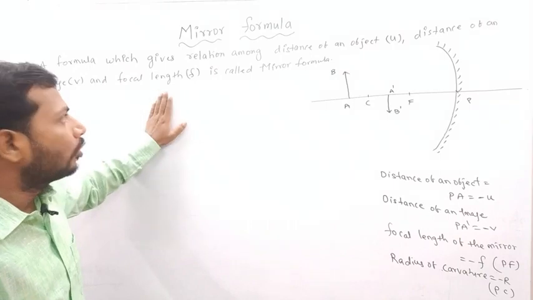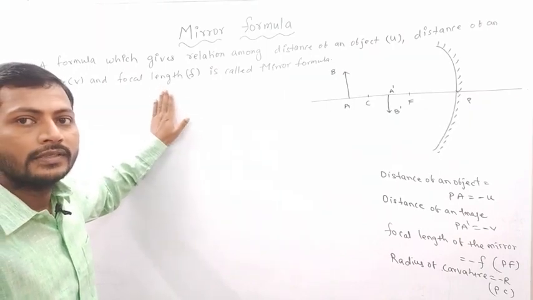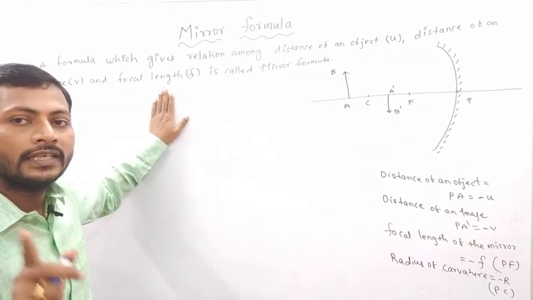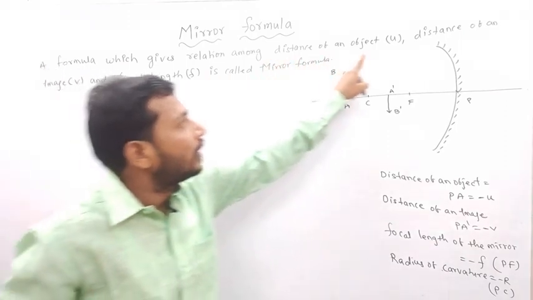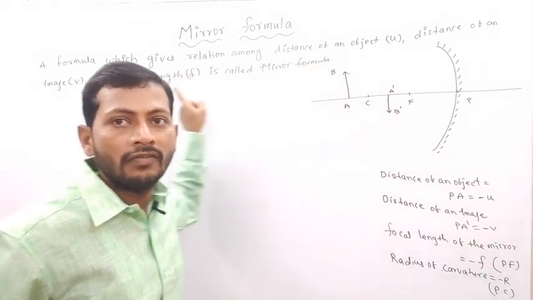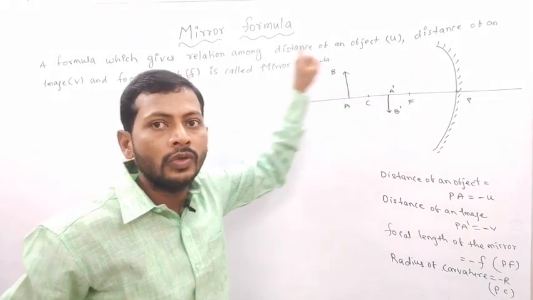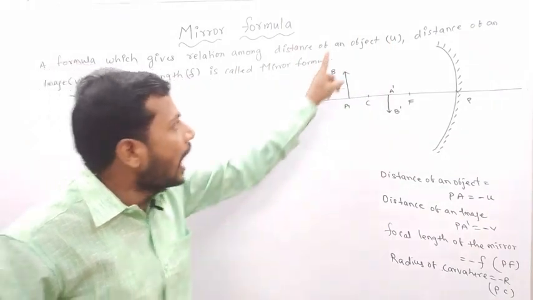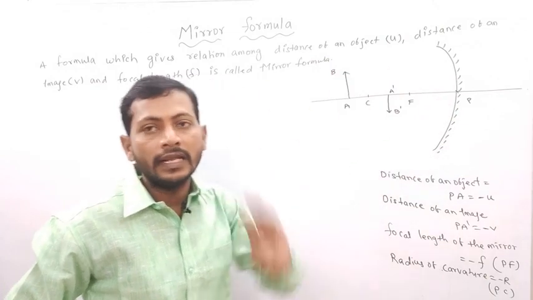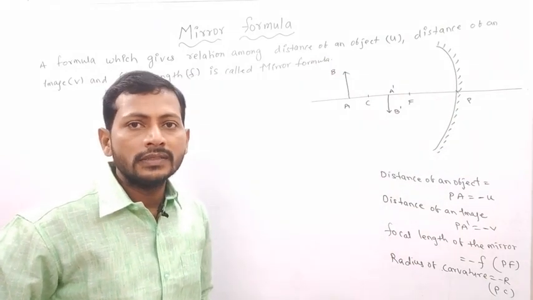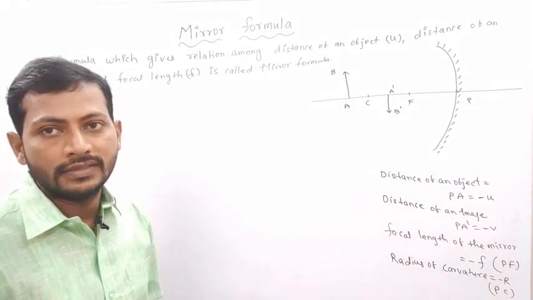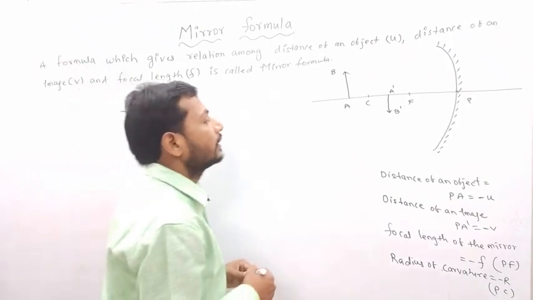So now I hope you understood. From this we need the relation among the distance of the object and the distance of the image V. Object to image we need a relation, and object to mirror also we need a relation. For that purpose I am taking the rays, children, like this.